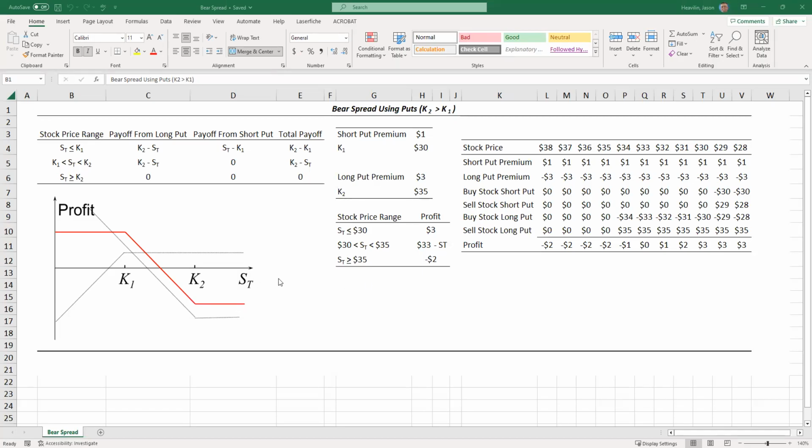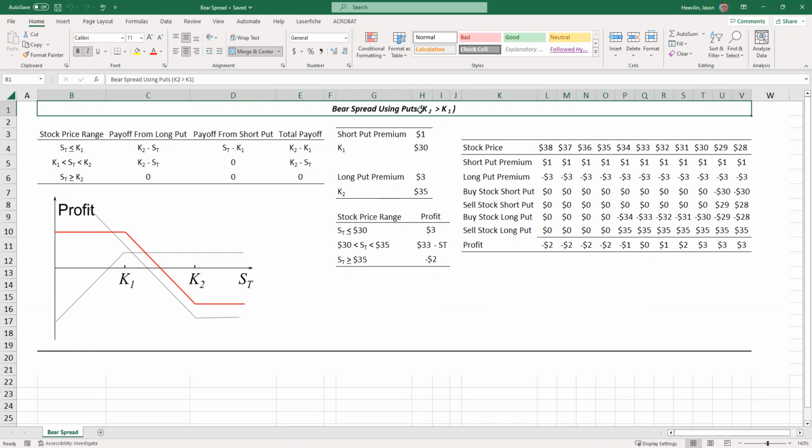In this video, we are going to go over a bear spread using puts. We call it a bear spread because it's a strategy to use when the expectation of the market is bearish, as in stock price may be going down.